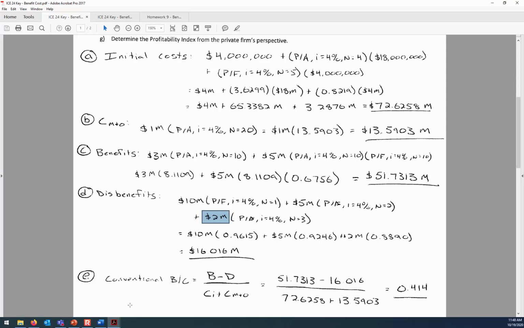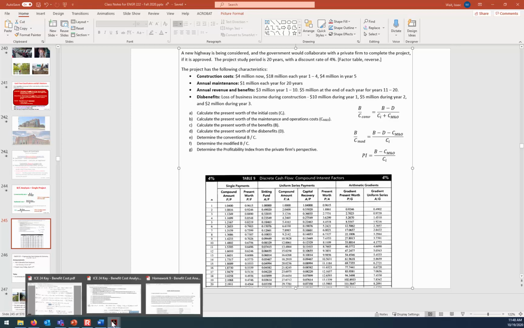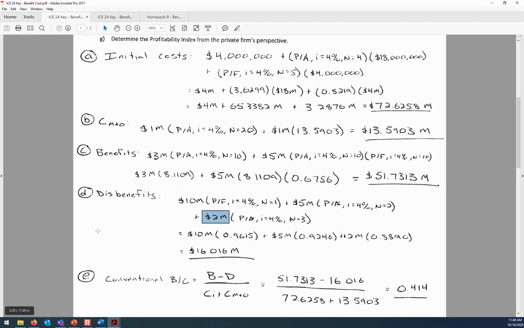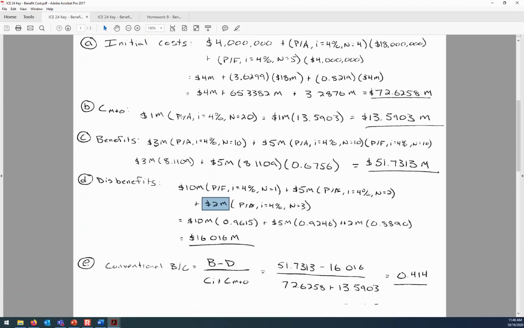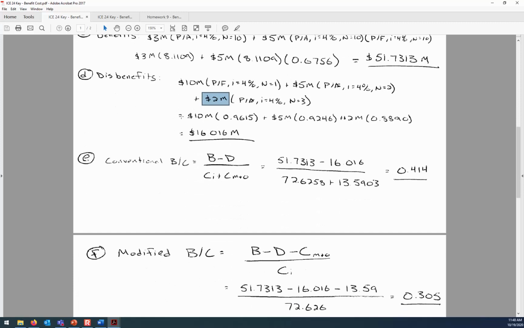Well, what if we look at it the other way? What if we look at it according to the modified B to C ratio formula? Will it be a yes there? It'll never contradict. You'll never get a no from one ratio and a yes from the other. It's just that the numbers will be slightly different. The B to C ratio is even worse because we're subtracting out the maintenance and operation costs from the benefits that are in the numerator.